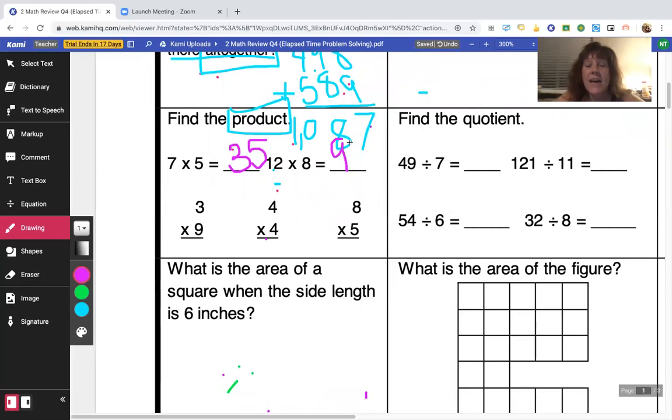If I want to make this easier and split it out, I could do 10 plus 2, right? That equals 12. And then I would do 10 times 8 is 80, plus 2 times 8 is 16, and 80 plus 16 is 96. So I get the same answer.